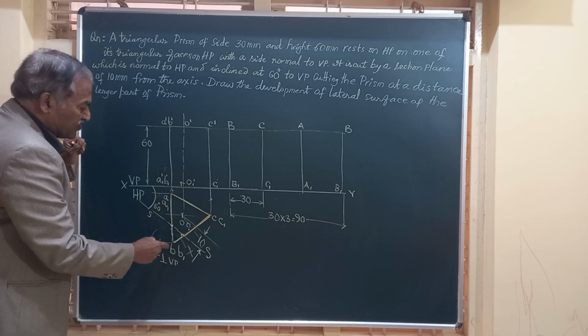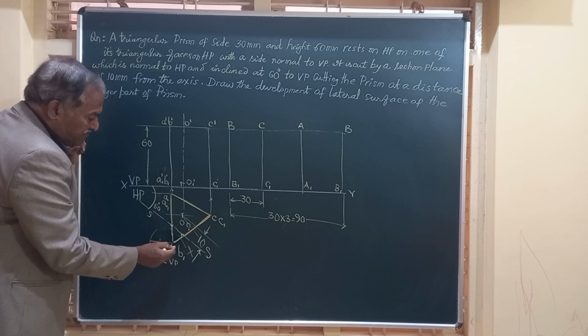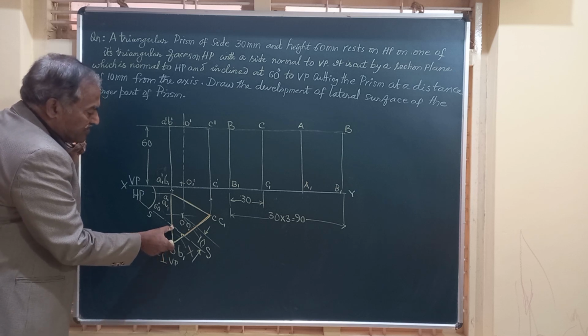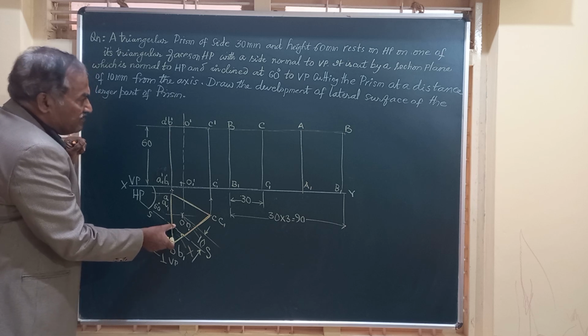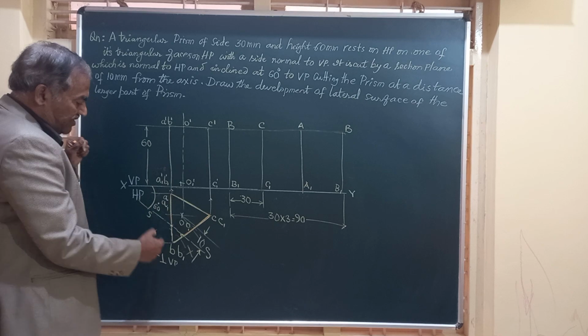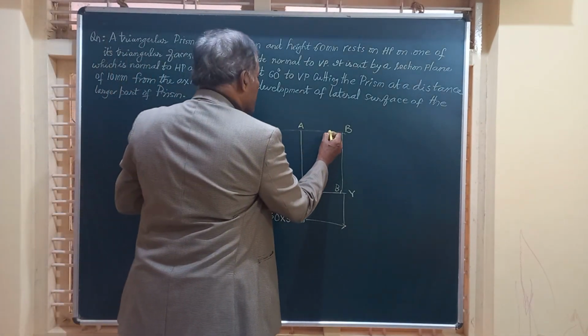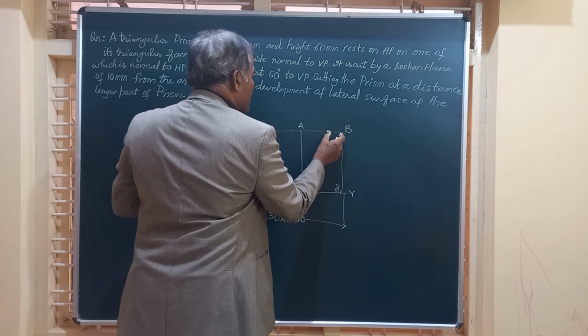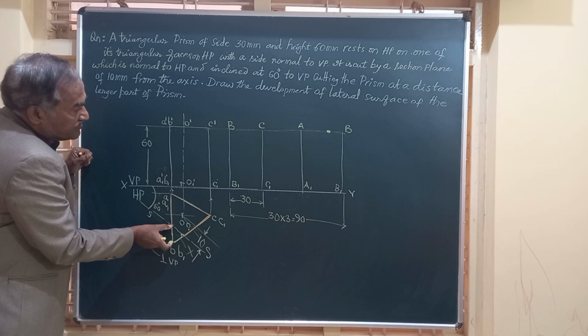Let's complete top portion first. It is cutting the top edge AB at a distance of so much from B. Measure this, take the measurement, mark this on AB near to B. So this portion what I have marked here is that gap, on AB near to B.